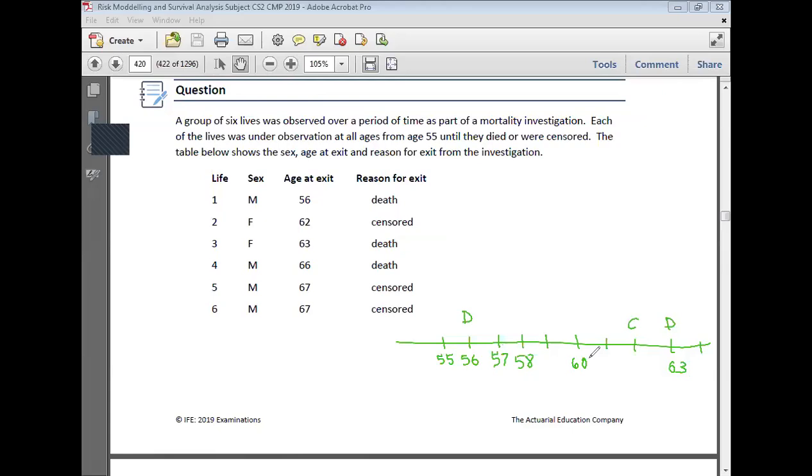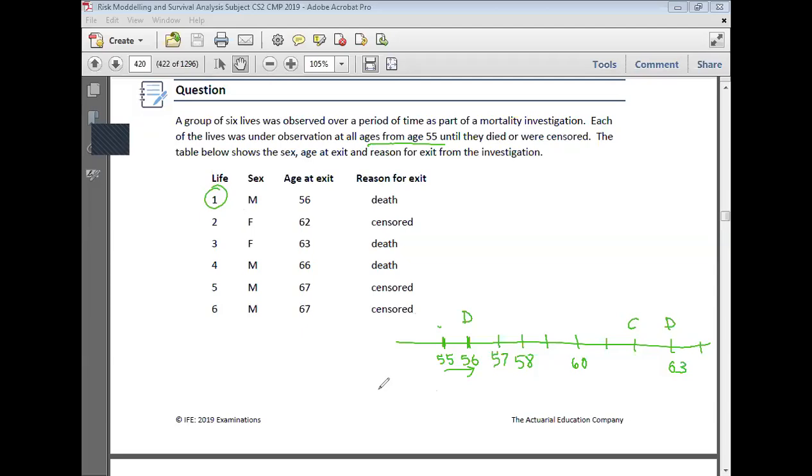So what we know is that when we started our observation, everyone was aged 55. So when I was here, each of these lives was aged 55. And when each of these lives progressed to being aged 56, this particular one life died. So we'll try to figure this out, and we know none of these lives died before.